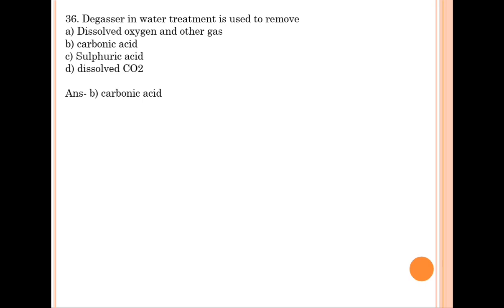The removal of cations is done by the resin R minus H plus, and the water becomes slightly acidic in nature here, with the formation of carbon dioxide also. So after strong acid cation, we have to use a degasser to remove the carbonic acid, and after that we have to use the anion exchanger.